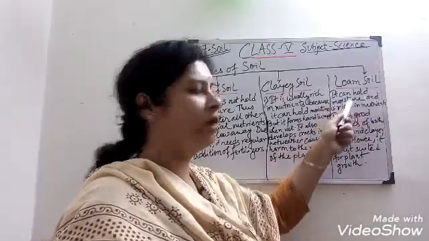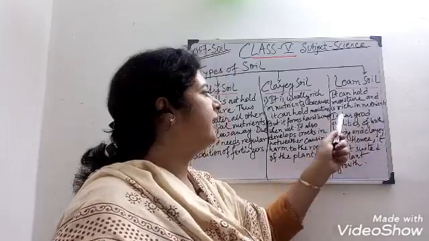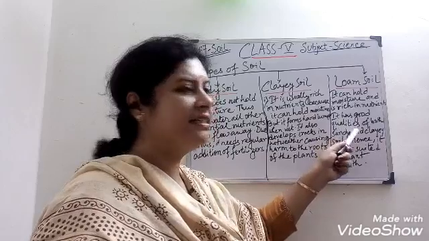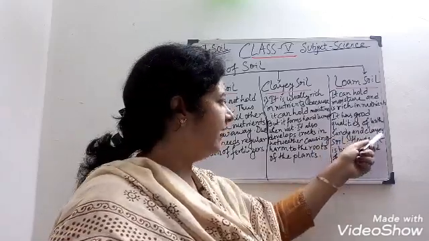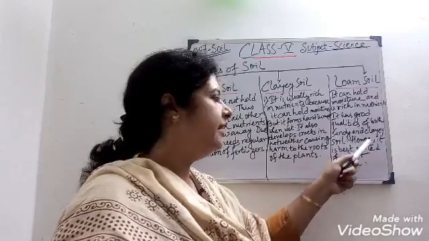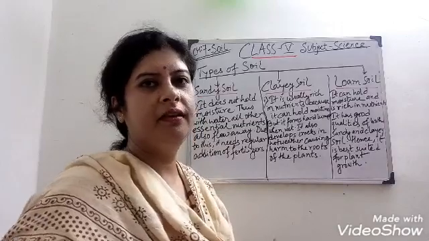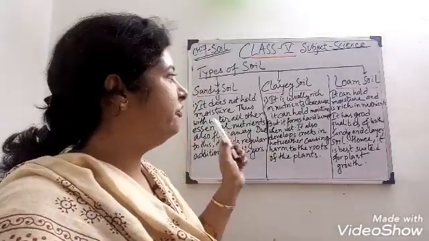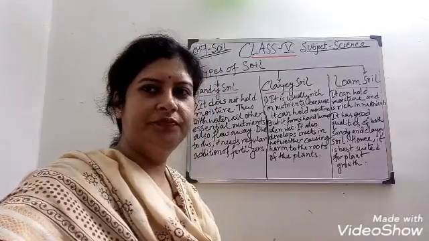It can hold moisture and is rich in nutrients. It has good qualities of both sandy and clay soil. Hence, it is best suited for plant growth. Hope the difference between these soils is also clear to you.